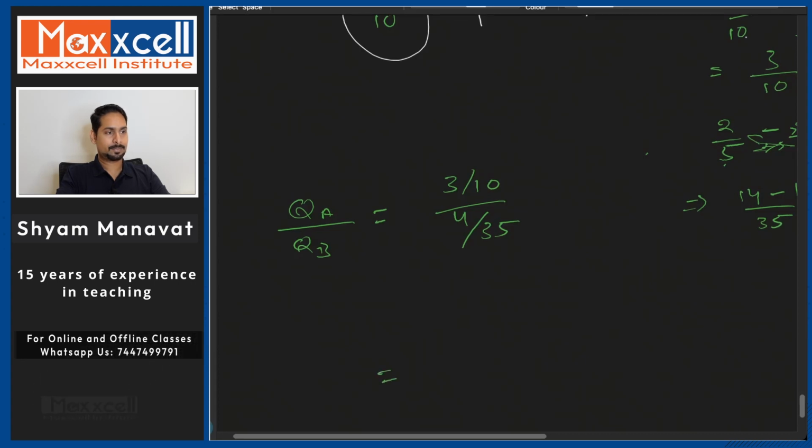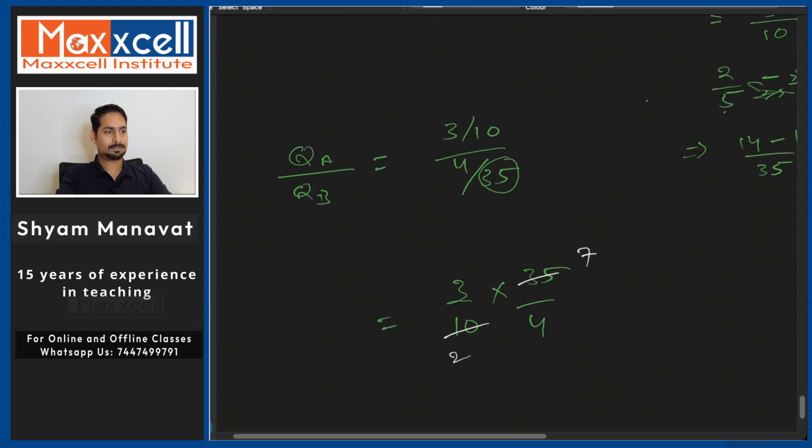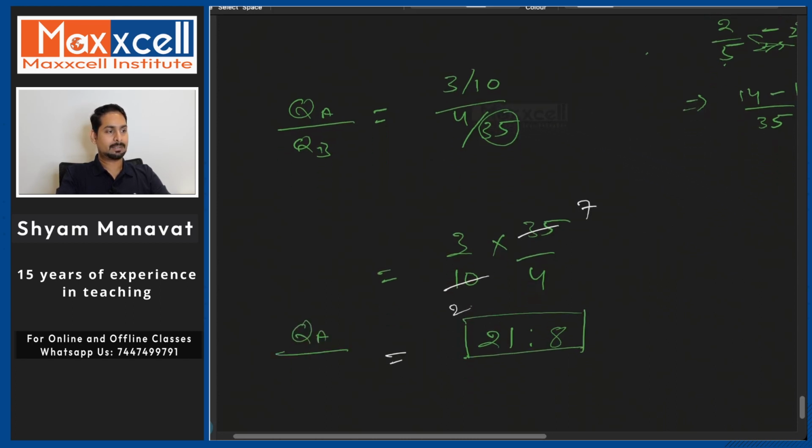Simplify this. How will you simplify? 3 by 10, the denominator will go into the numerator, 35 by 4. Simplification is completely in your hand. Cancel by 5: 5 twos are 10, 5 sevens are 35. So what you get here is 21 by 8. This should be the ratio of quantity in which you mix A and B.